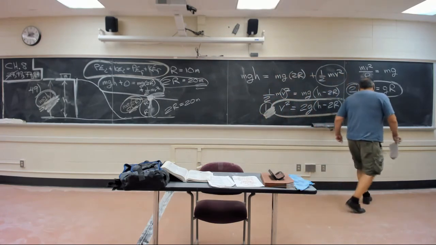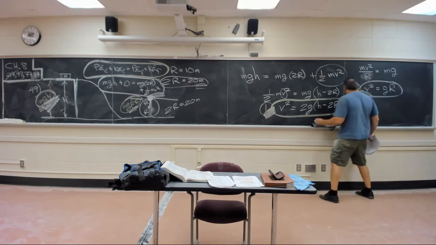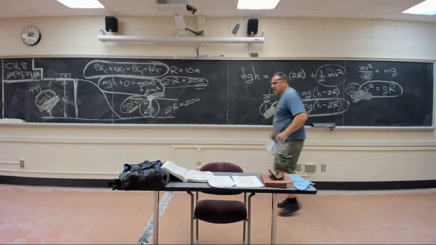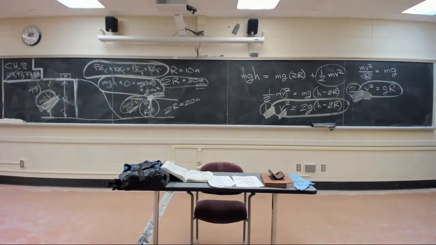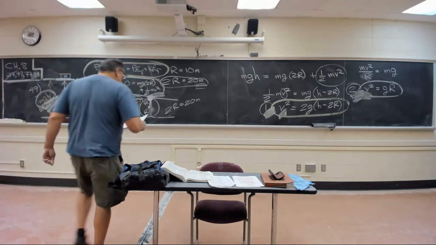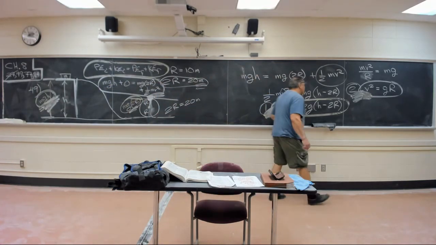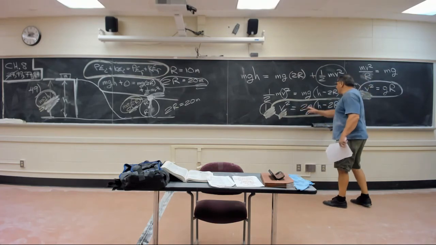I'm going to take the two v squareds and set them equal to each other. Let's see what we got here, guys. Let's just see how visible this is. Forgive me. Looks pretty good. v squared equals gr. v squared equals this.